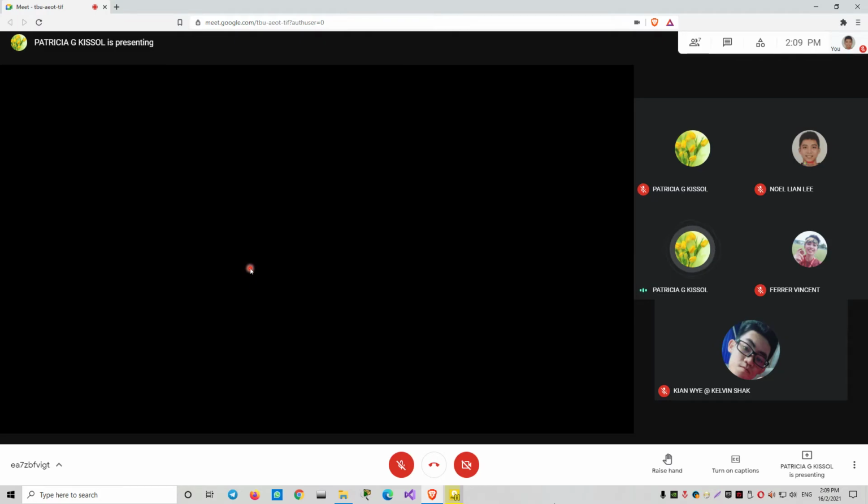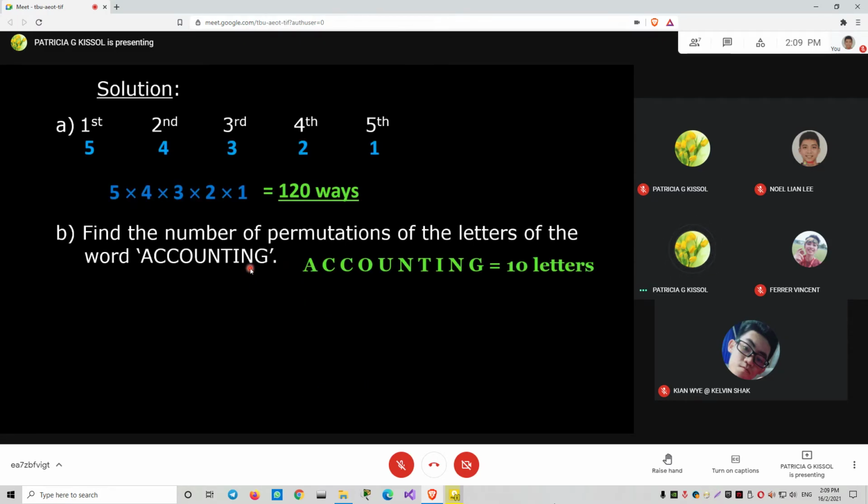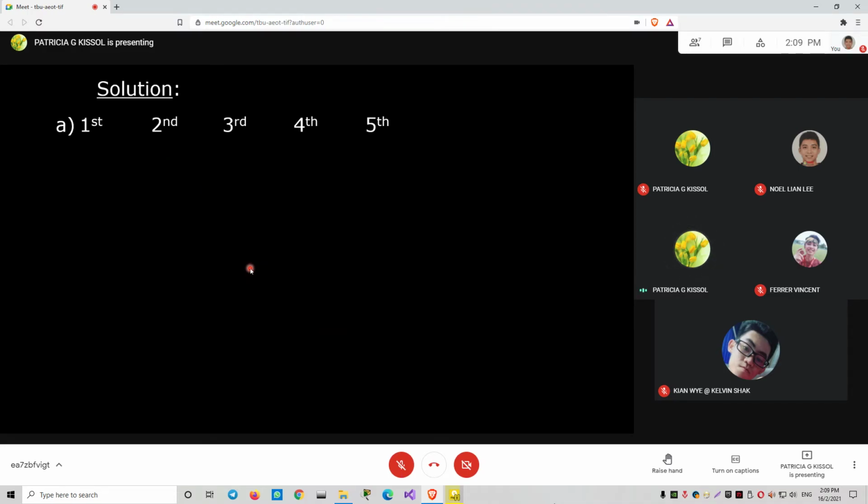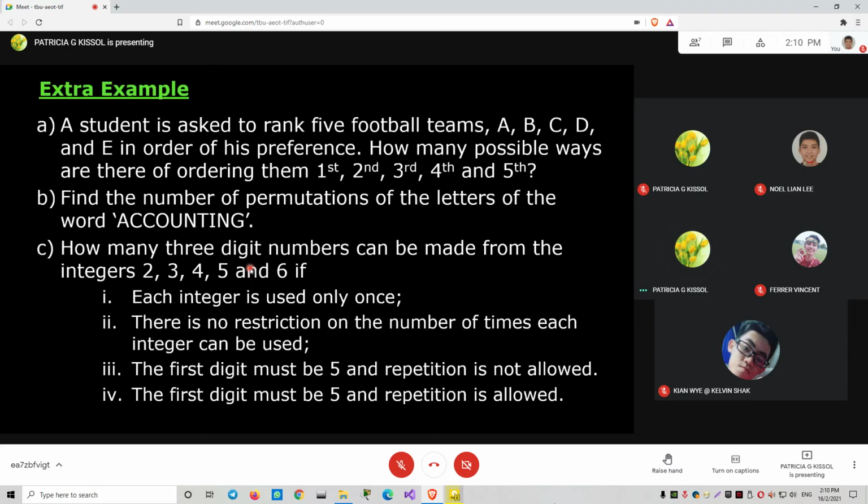The next one, let me go back to the question again. I've forgotten the question already. I didn't copy it to the slide. Now the next question is how many 3-digit numbers? Almost the same as our example just now, isn't it? But this one, 3-digit numbers can be made from the integers 2, 3, 4, 5, and 6 if each of the integers is used only once.